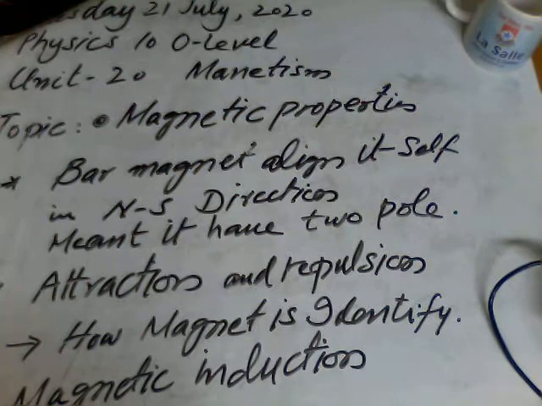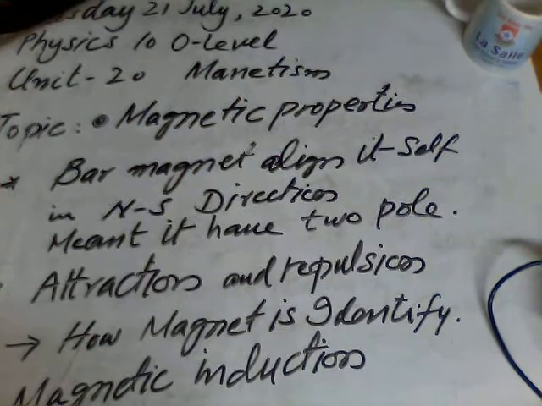If the piece attracts or repels them, it means that the metal piece is a magnet.